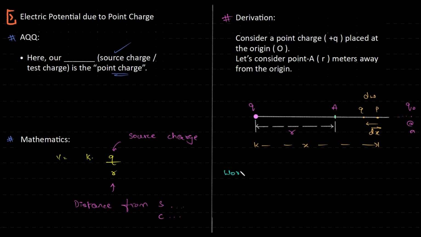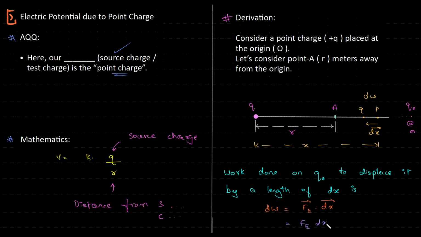So let me put it this way: work done on Q naught to displace it by a length of dx is nothing but dw is equal to a dot product between the field strength at that point and the displacement. And when we remove the dot product, we end up with cos of theta.